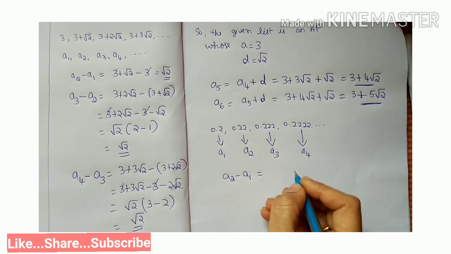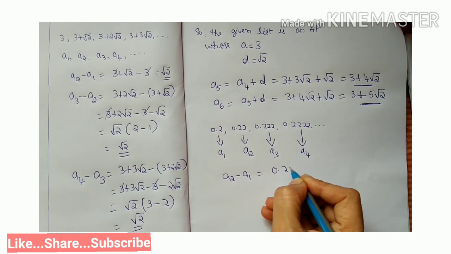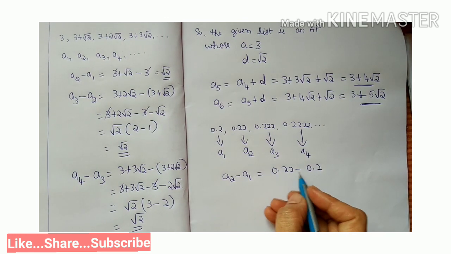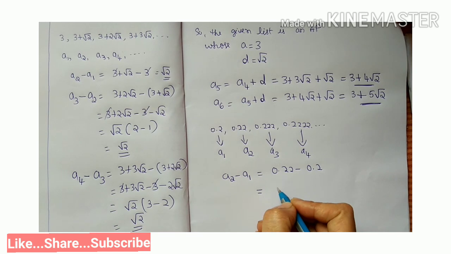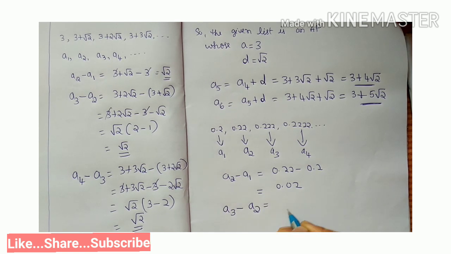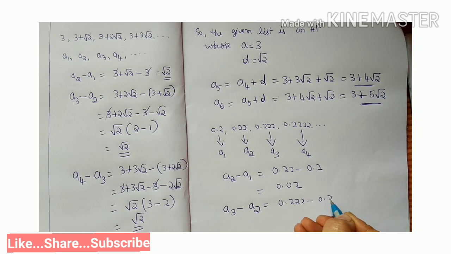Take the difference, second term minus first term: 0.22 minus 0.2, 0.02. Next, A3 minus A2, third term 0.222 minus 0.22, here 0.002.